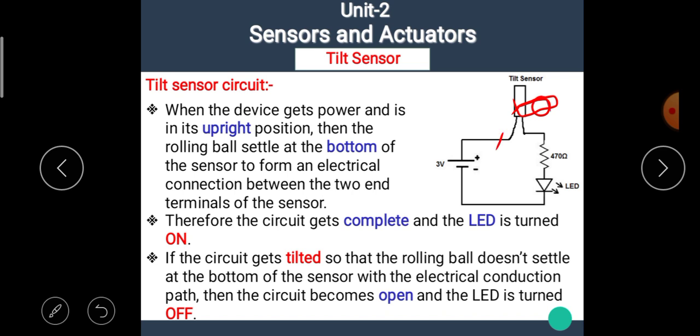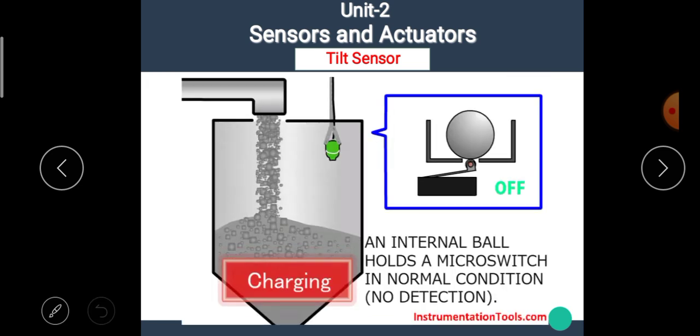Hence there is no connection between this wire and this wire, like an open switch. Hence there is no connection between the source and LED. Hence the LED gets turned off. This is the simple circuit of the tilt sensor. I hope you all understand.